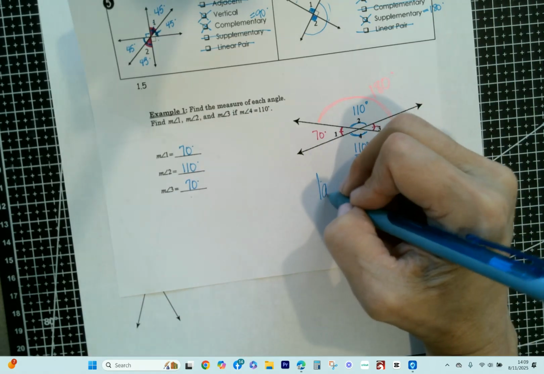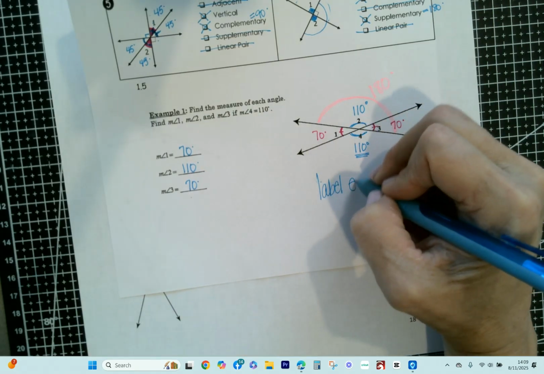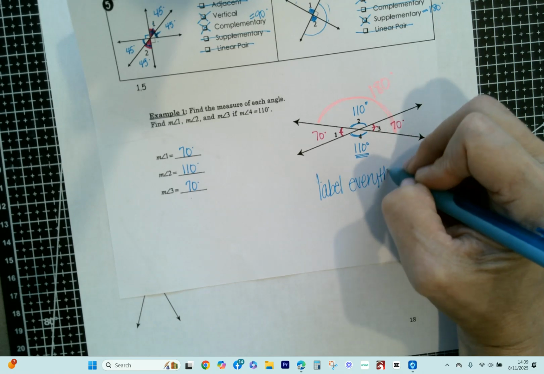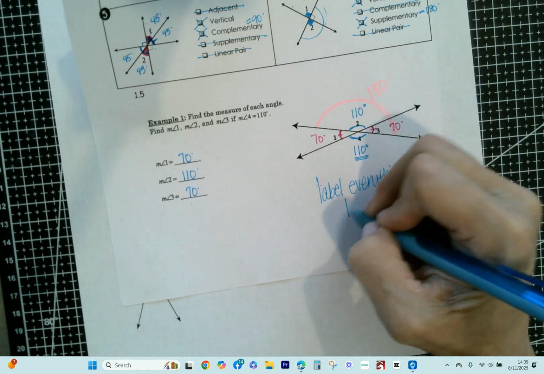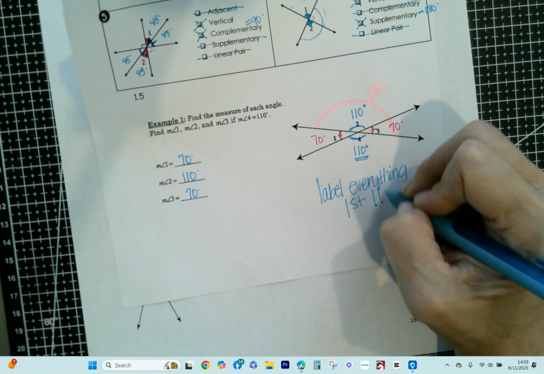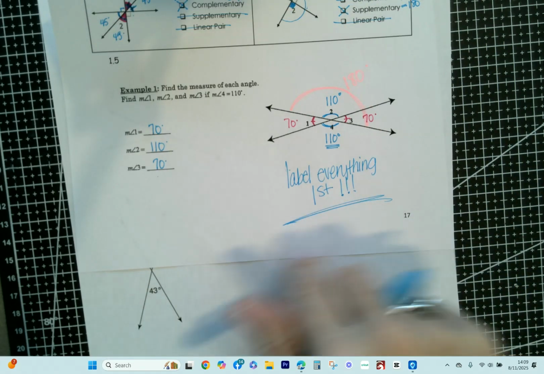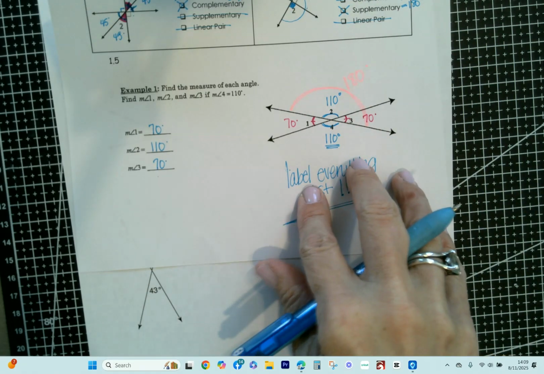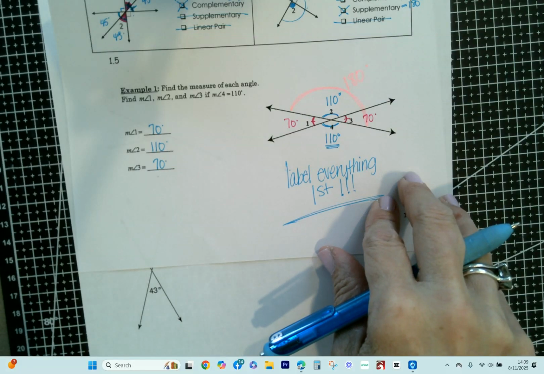So label everything first. In geometry, you are going to be required to label, and label some more. That's really, really important.